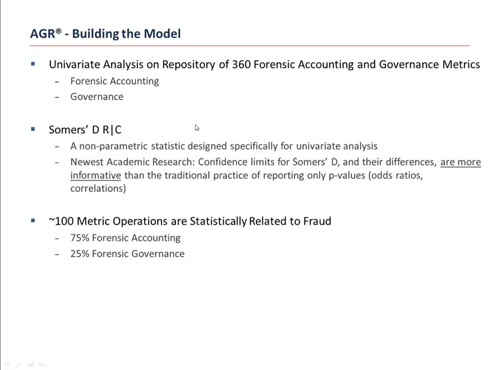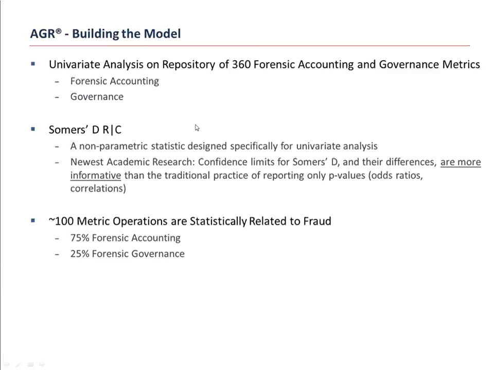The univariate measure we used is called the Summers' D. It's a non-parametric statistic designed specifically for univariate analysis, and it turns out that the newest academic research shows us that the confidence limits for Summers' D and their differences are in fact more informative than the traditional practice of reporting only p-values. Or in English, Summers' D is more informative than using odds ratios, correlations, or tetrachoric correlations.